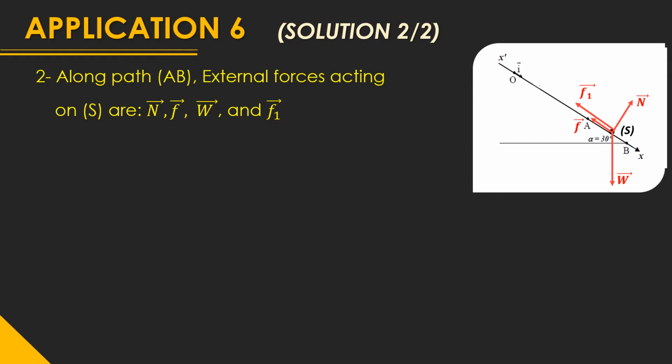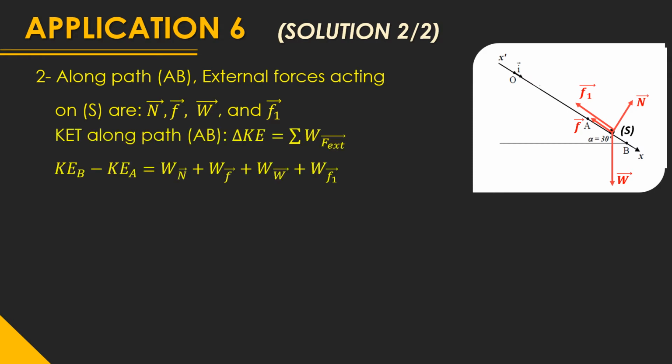First thing we do is specify along which path we are going to apply it and list the forces acting. Along path AB, we specified the path. The external forces acting on S are the normal reaction, friction, the weight, and force F1, the braking force. Notice that we directly drew these on the figure.